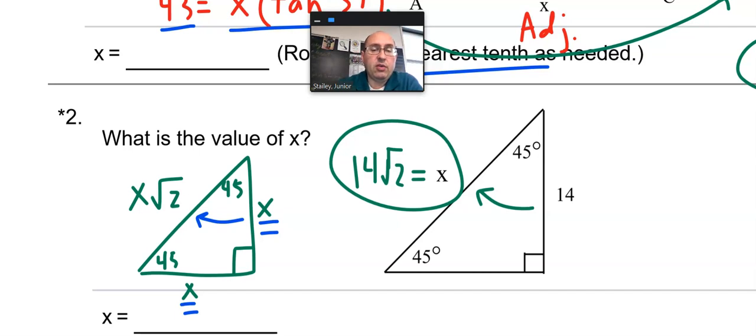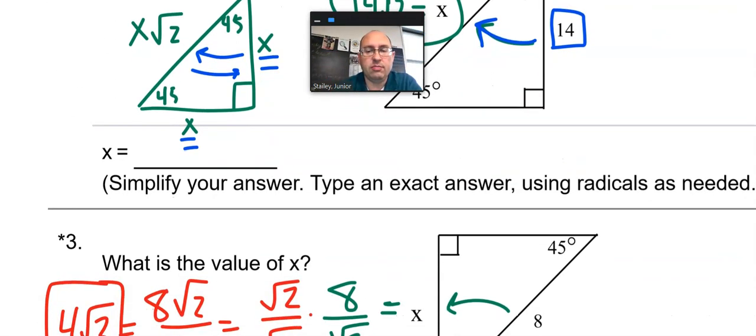If we were going backwards, we would end up dividing by radical 2. You could take the hypotenuse and divide to get back to the leg. In this particular problem, they start out with a leg being 14, multiply by radical 2, you're done. That's it. Nothing more challenging than that. 14 radical 2 is the answer to the question.